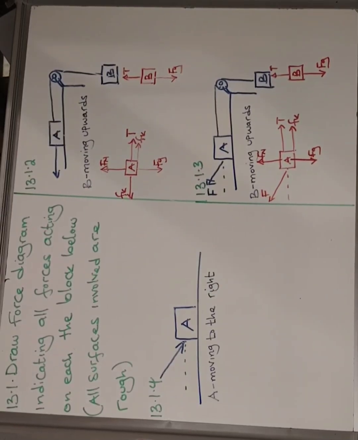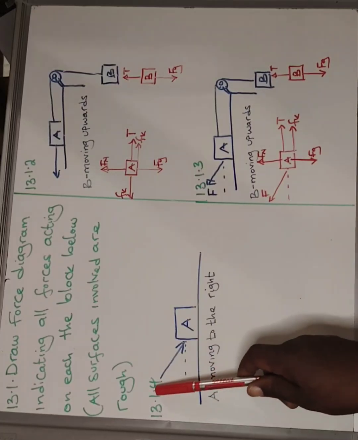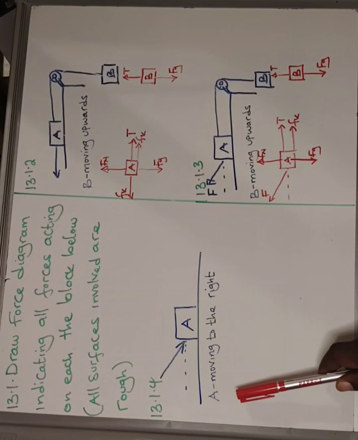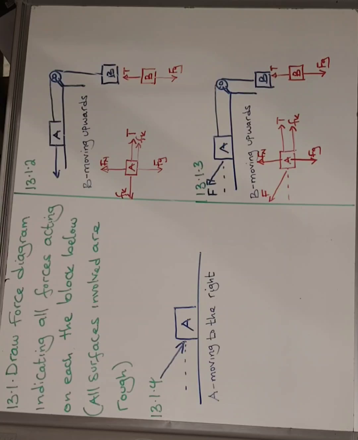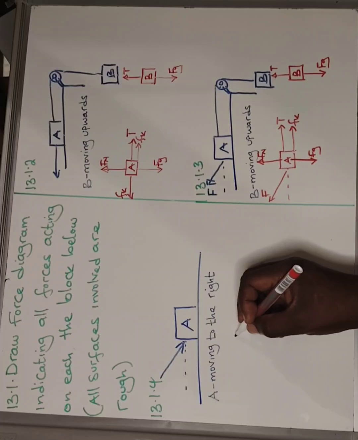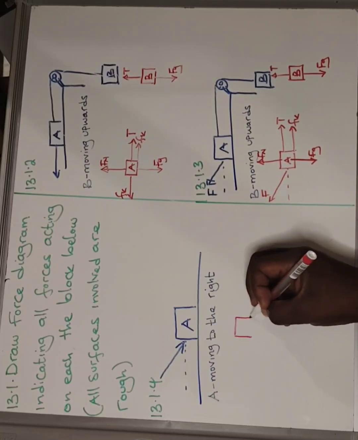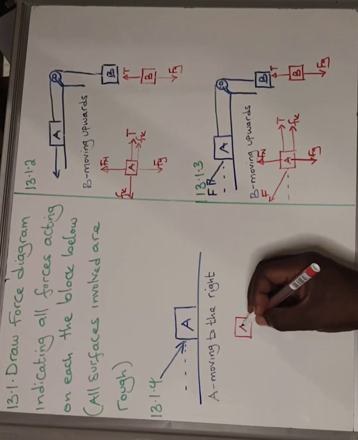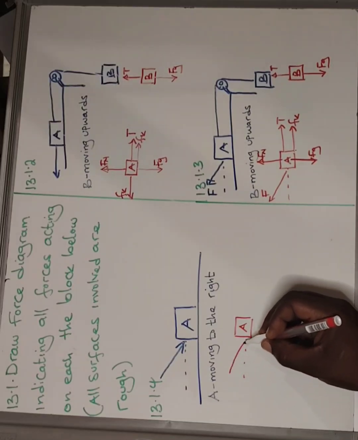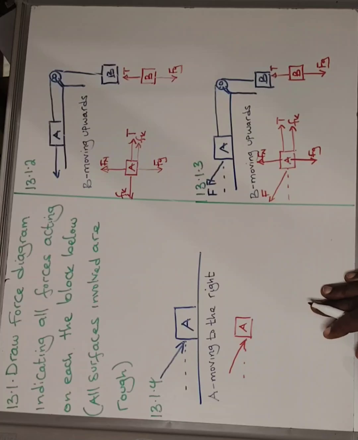Then comes this question. We have body A being pushed by that two-dimensional force, and we say A is moving to the right. So how do you go about this? Let us see. We have our A. This force is acting downwards like that.